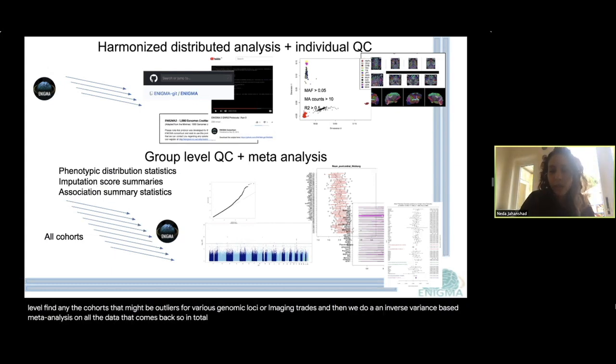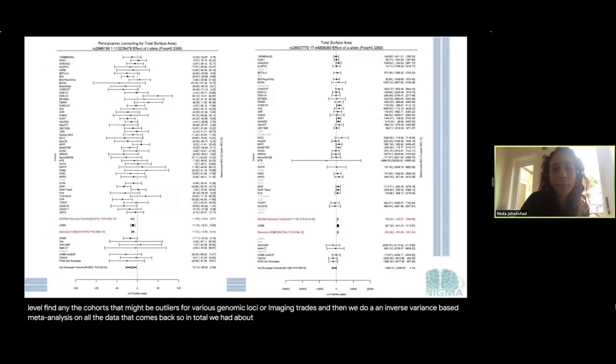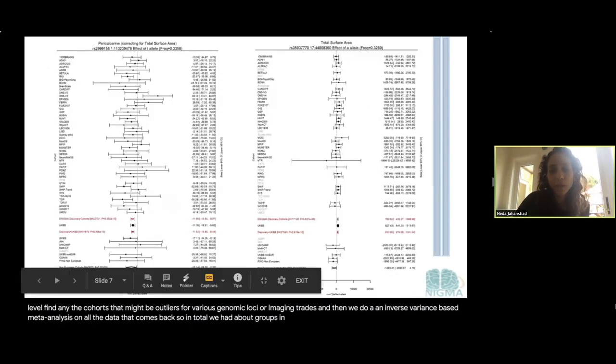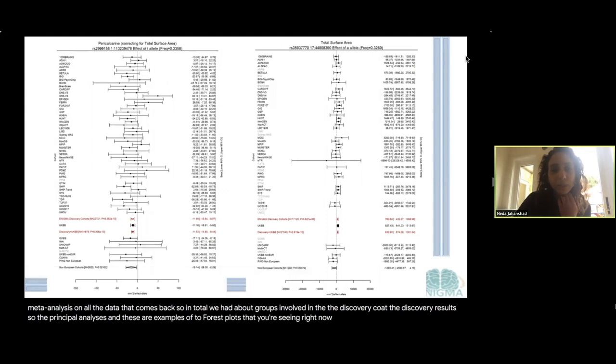In total, we had about 50 groups involved in the discovery results, so the principal analyses. These are examples of two forest plots that you're seeing right now. For every single genetic variant that was significant, we made one of these forest plots.